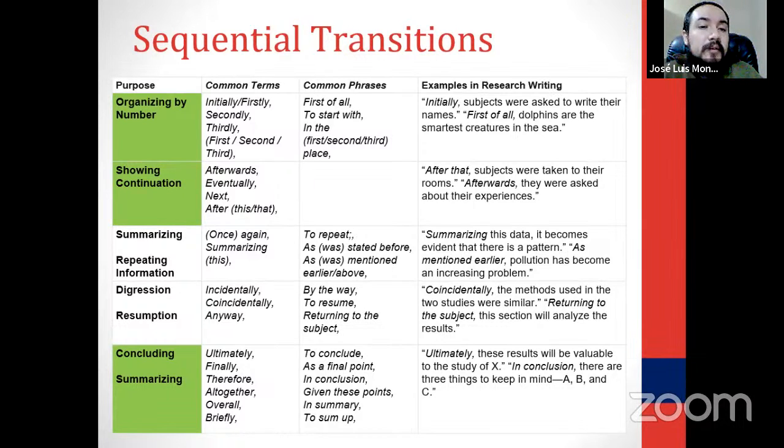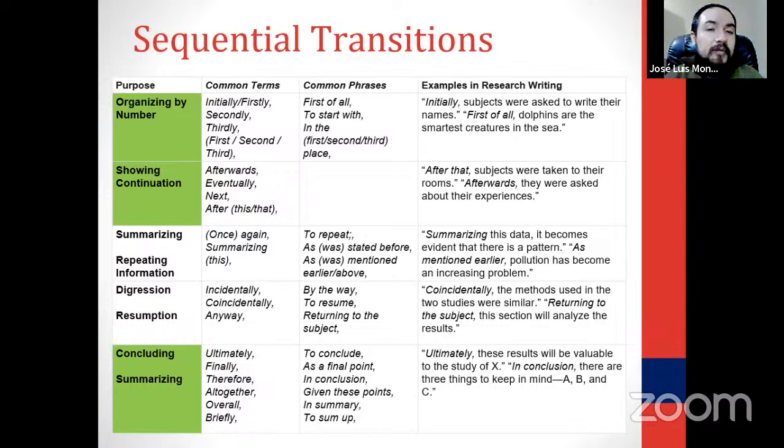Summarizing, repeating information, right? Once again, summarizing. So you are doing that, right? It says summarizing, repeating information. To repeat, to make something clear. There we need just the comma. To repeat, comma, this complete idea.